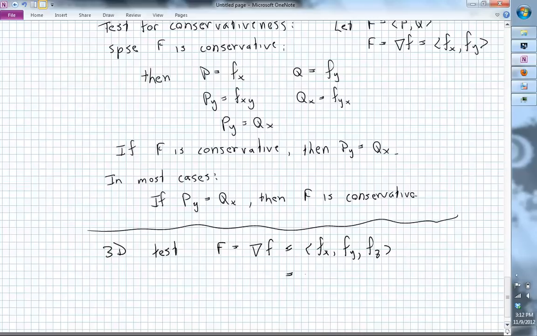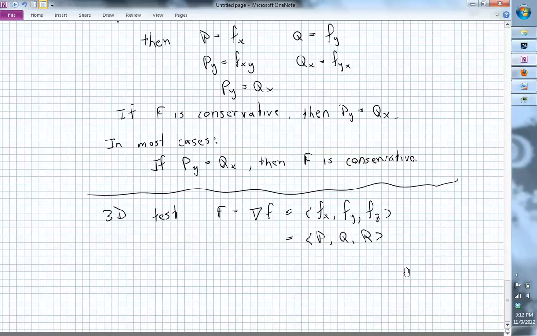On the other hand, F is equal to P, Q, R. Instead of one relationship, we get 3 relationships that have to be satisfied. P is equal to f sub x, Q is equal to f sub y, and R is equal to f sub z.